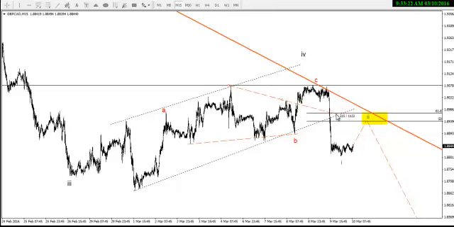And apart from that, we extend this line and the triangle, we discover that they also intersect around this level here. So it makes this level a very strong level to watch out for. So what we're going to do here is to wait for a retracement here and see how price reacts there.